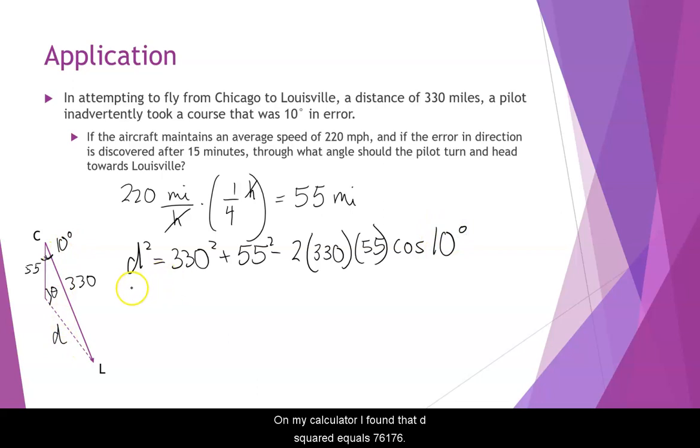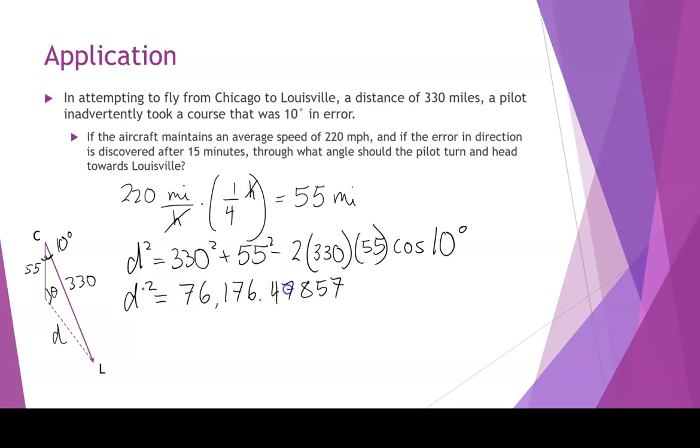On my calculator, I found that d squared equals 76,176.47857. Taking the square root of that, I find that d is just about exactly 276 miles. It's 276.000867. I'm rounding that to 276.